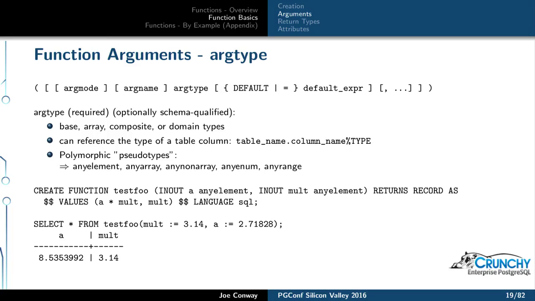So in other words, if you use, let's say, any element and any array as arguments and you return any array, then at execution time, you could pass that function a text scalar or text array and it would return a text array. Or you could pass it an integer scalar, an integer array, and it would return an integer array.